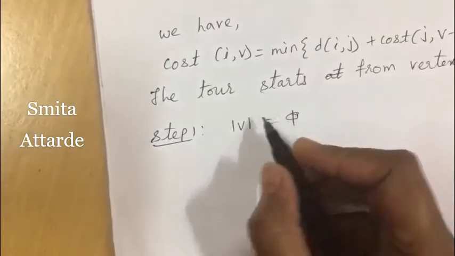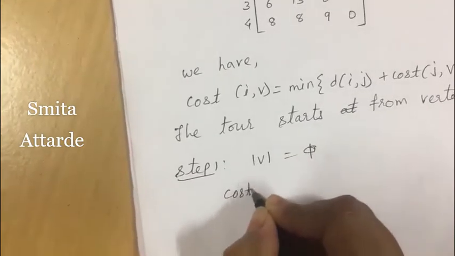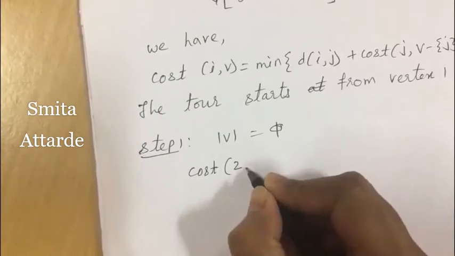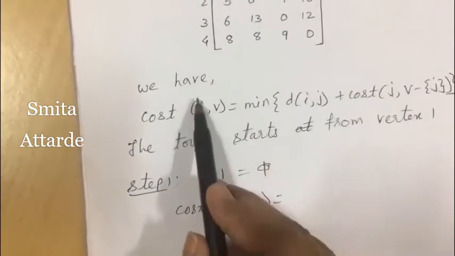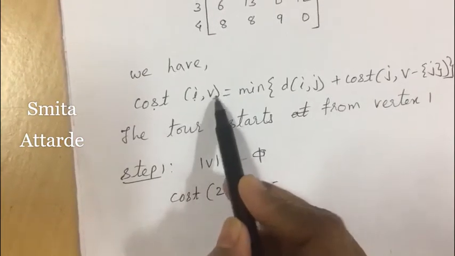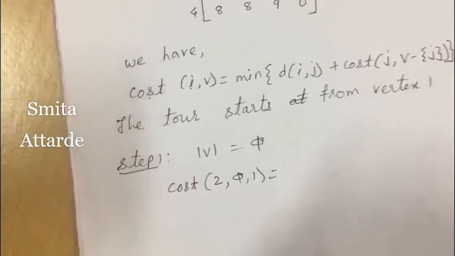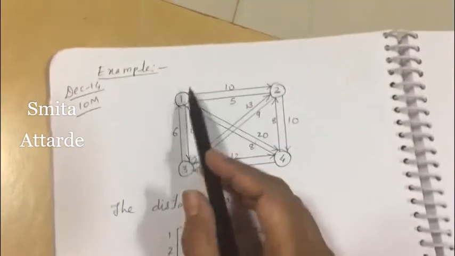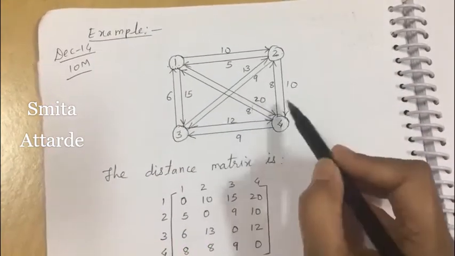So I'm going to write here cost, the starting vertex I'll write 2. Now what is this? We have the formula cost(i, V), where V is the set of intermediate vertices. Now in this case I am writing 2 because our tour starts with 1, so the remaining vertices are 2, 3 and 4.